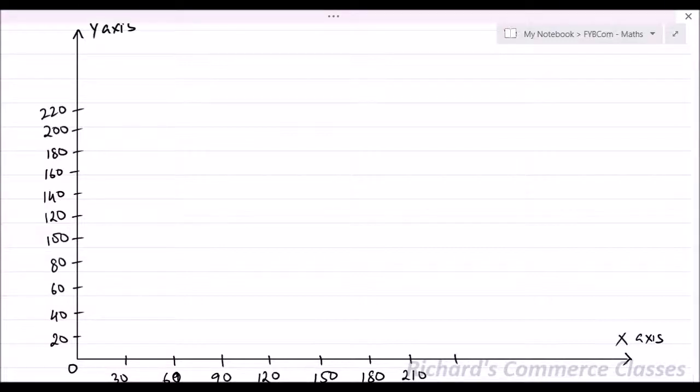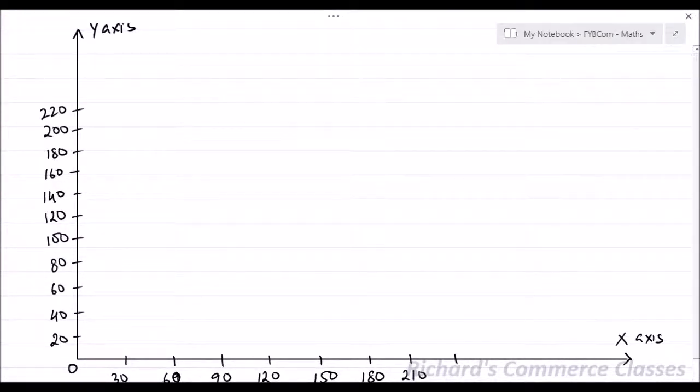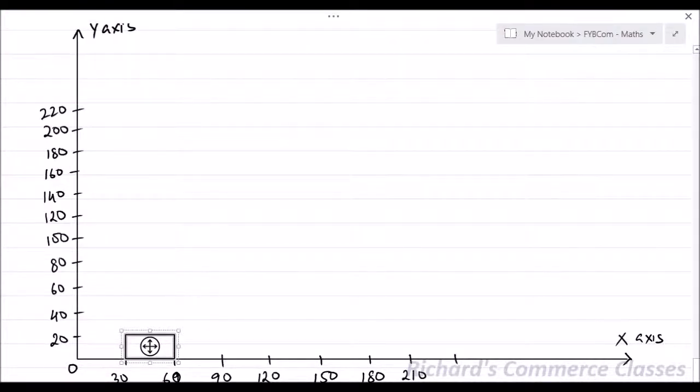Now what we need to do is draw a histogram. So for the class 30 to 60, the frequency was 22. So 22, just a little above 20. Then for 60 to 90 it was 198.